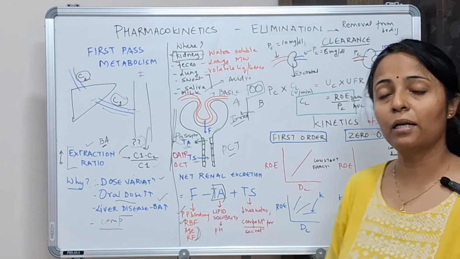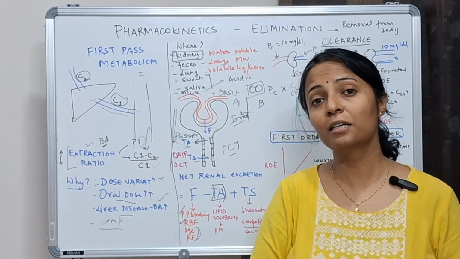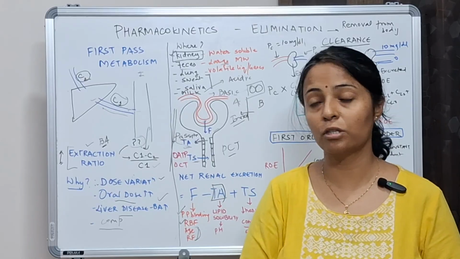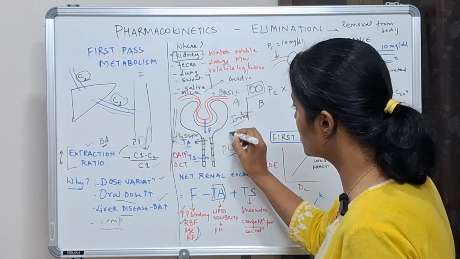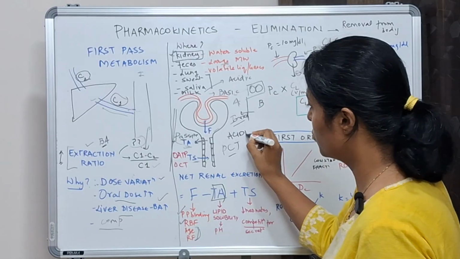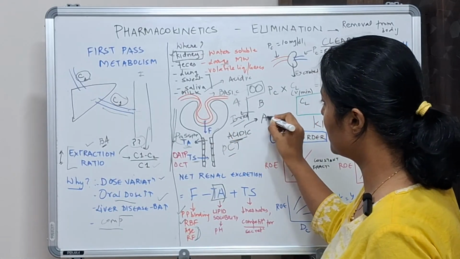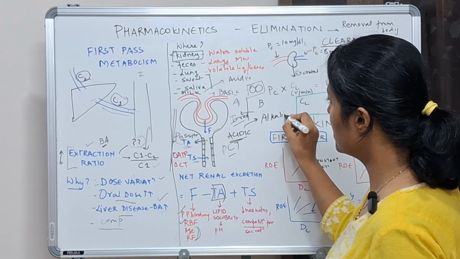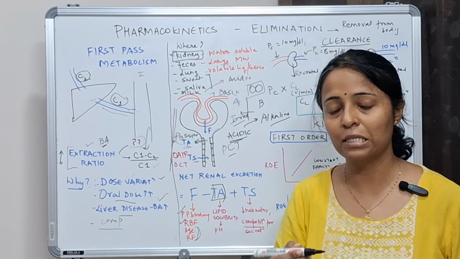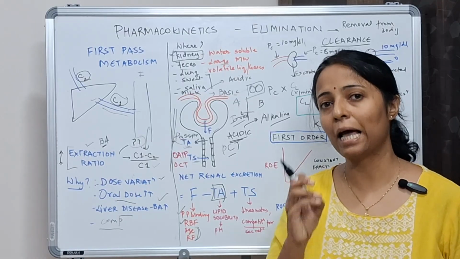Now this fundamental is used for the excretion of toxic drugs. Suppose there is toxicity of acidic drugs. In that case the urine pH is made alkaline. There are syrups, say Alkazole, which will make the urine alkaline.